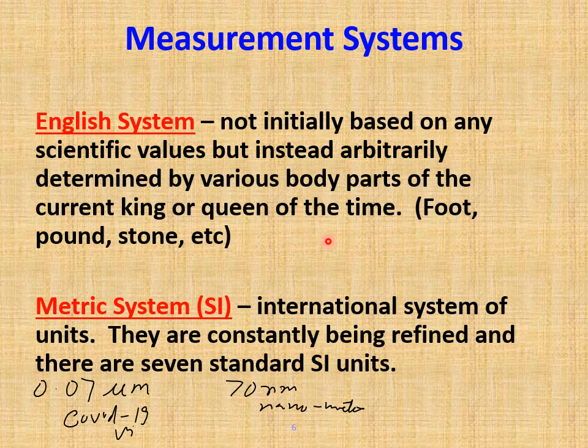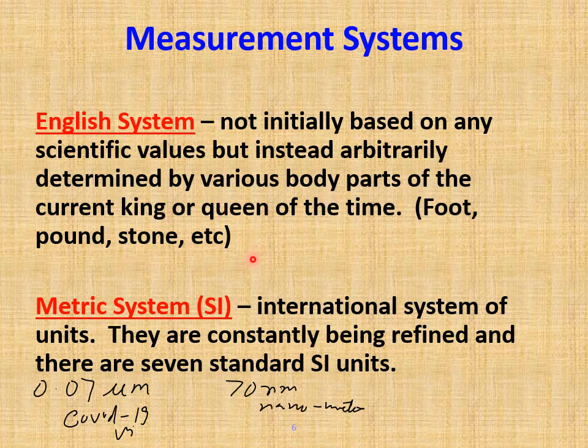One is English units. It originated from Europe, most likely from England, and they basically refer to some VIP's body parts, like the foot for length, then pound or stone, etc.